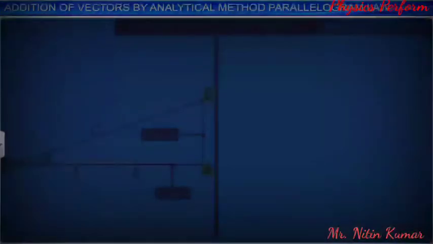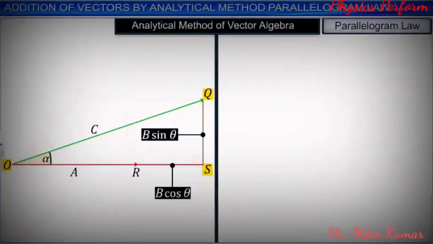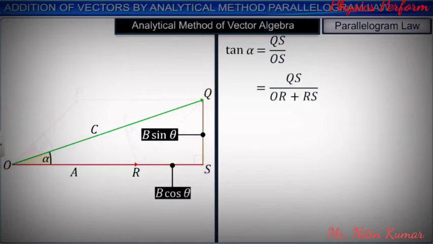Tan alpha is equal to B sin theta by A plus B cos theta. Let this be equation 16. From this equation, we can find the direction of the resultant vector C. Thus, the parallelogram law helps you find the magnitude and direction of the resultant vector C.